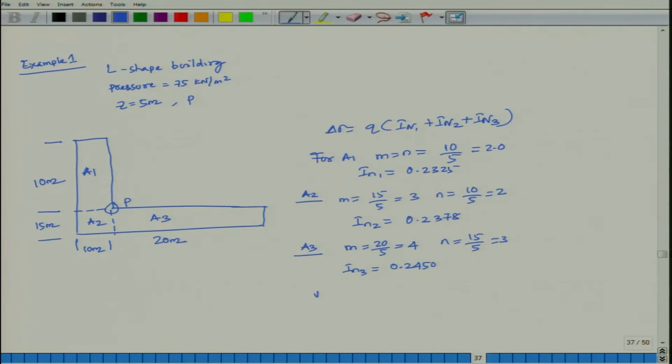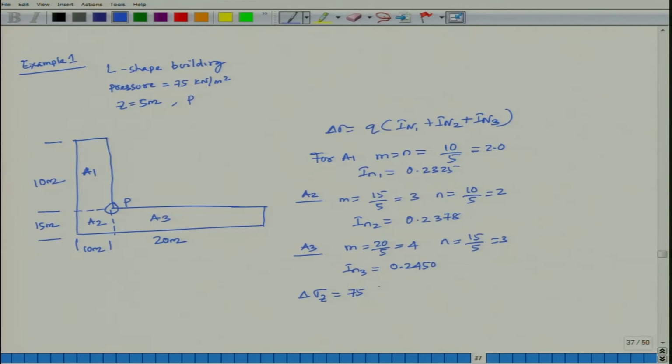So, delta sigma z is equal to, what is the value of Q? The pressure intensity is given as 75 kilonewton per meter square. It will be 75 kilonewton per meter square because it is throughout, here it is 75, here it is 75, here it is 75. If it is varying, then you can take the varying value.